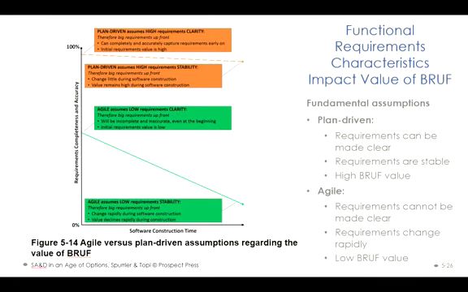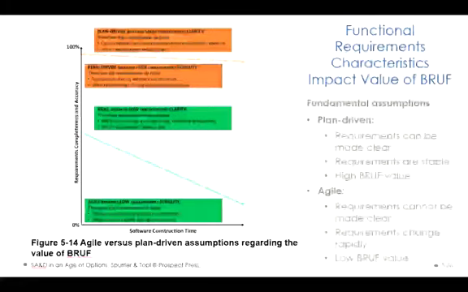Similarly, you can use other criteria to compare and contrast the methodology. In this particular example, we're looking at the vertical axis representing the completeness and accuracy of your software project. And on the horizontal, you see the time for software construction. And completeness and accuracy tie again directly to the clarity of your requirement.